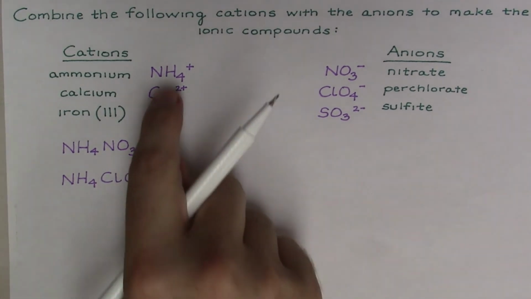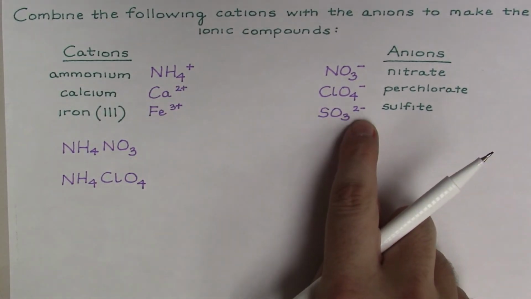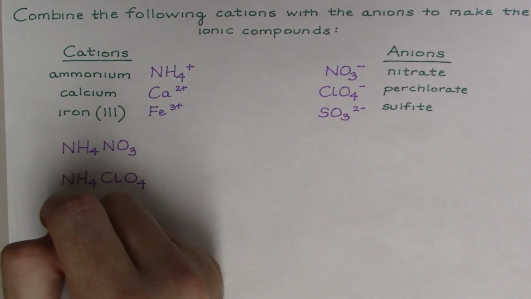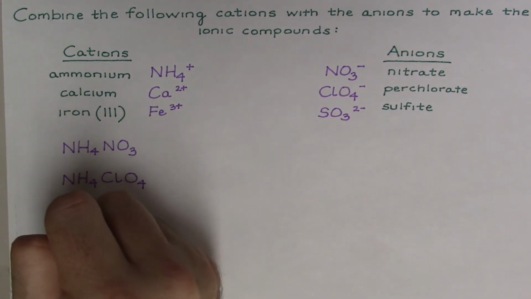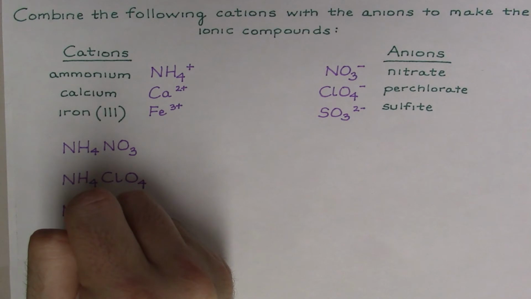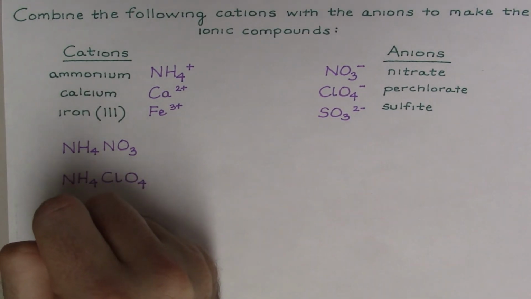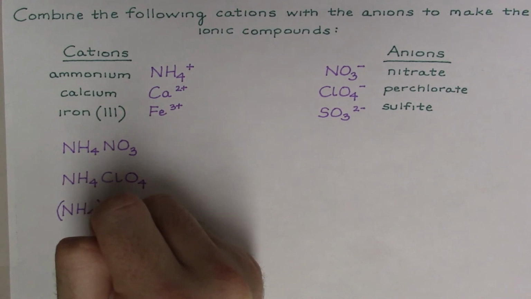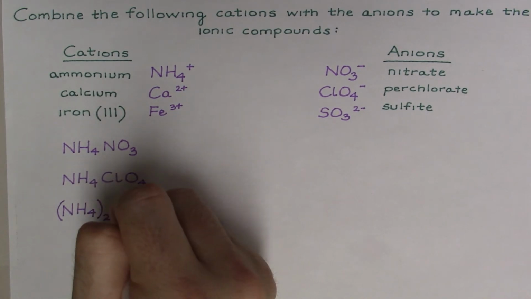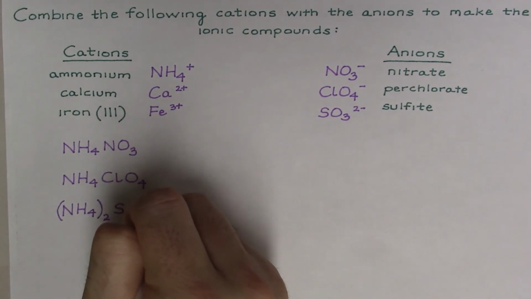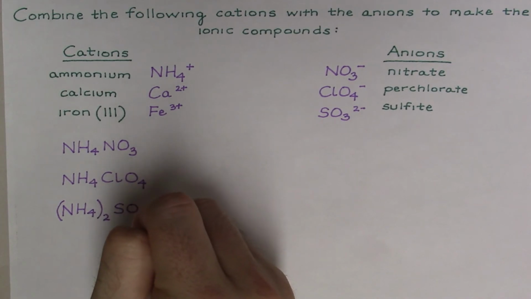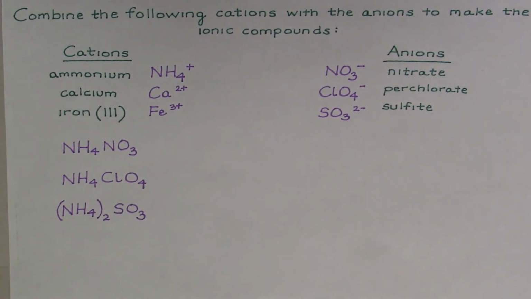Our final species is ammonium with sulfite, but notice that the ammonium has a +1 charge, so we need 2 of them. When you have a polyatomic and you need multiples, you must put them in parentheses. So in order to get the +2 charge, we will put (NH4)2, and then we will write SO3 for our anion. You only use parentheses when dealing with the polyatomics.